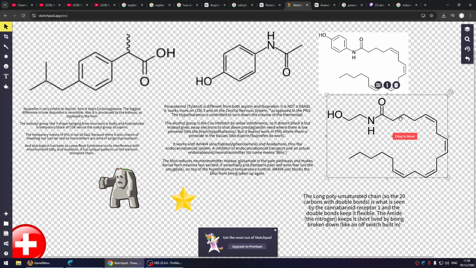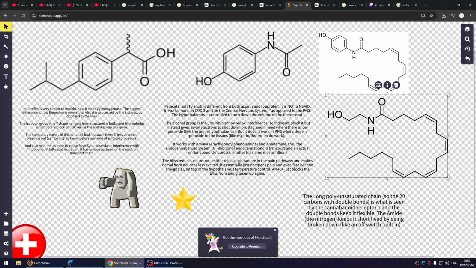So you can use your imagination to make this ganja, but its meaning is bliss, its literal meaning in Sanskrit. The bliss reduces neurotransmitter release, glutamate, in the pain pathways, and makes dorsal horn neurons less excited. So it's a dampener of pain and even fear via the amygdala.